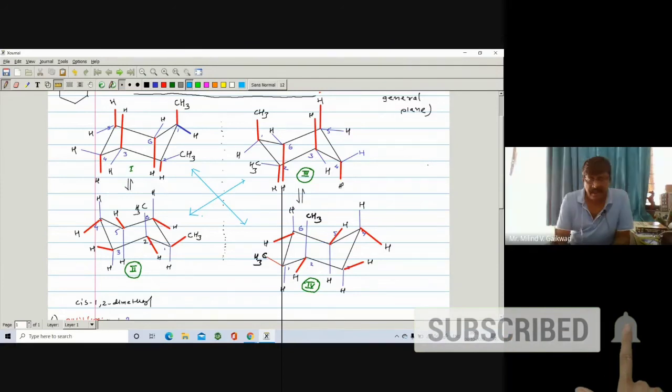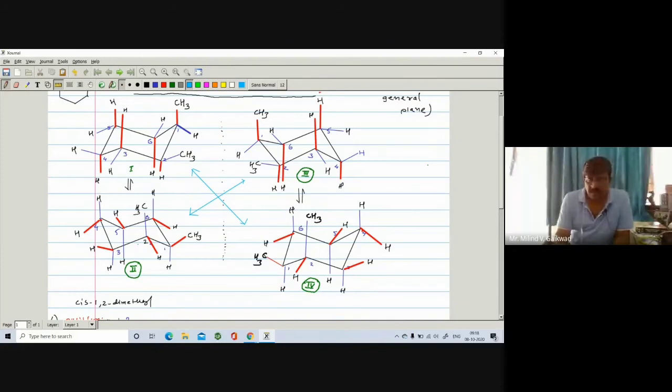So here remember that 1 and 2nd are conformational isomers. 3rd and 4th are conformational isomers. They can interconvert into each other. 1 and 3rd are enantiomers because they are non-superimposable mirror images of each other.